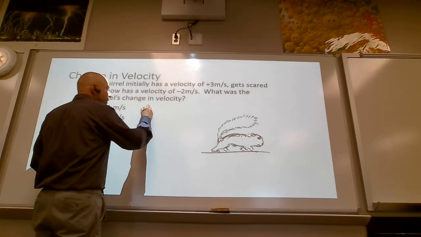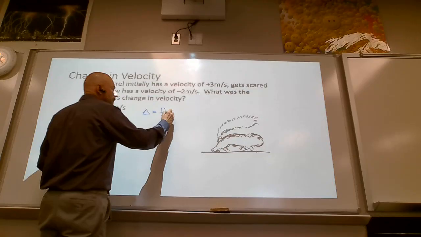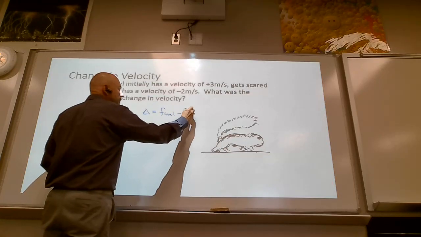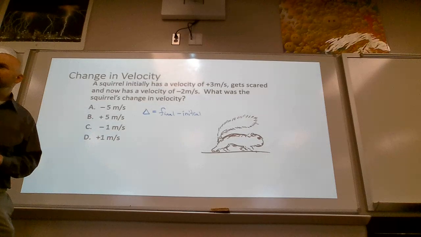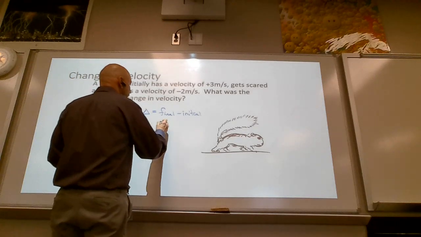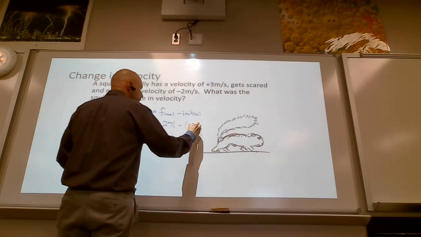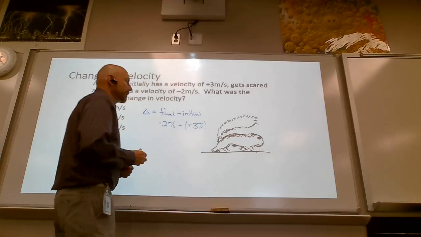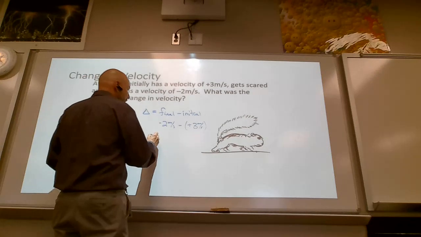Okay, change in is always final minus initial. So that's the application of the subtraction with vectors. Change in anything, final minus initial. So you have final negative 2 meters per second minus an initial plus 3 meters a second. Okay, it was going this way.